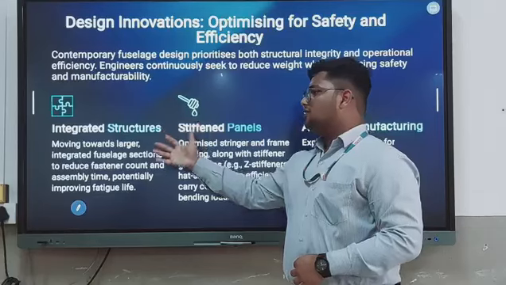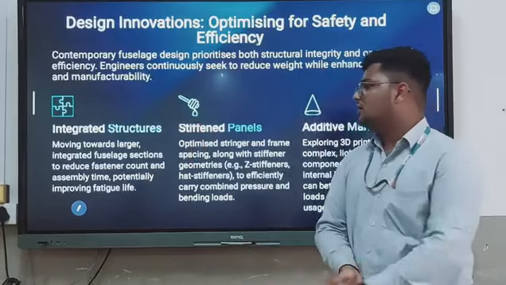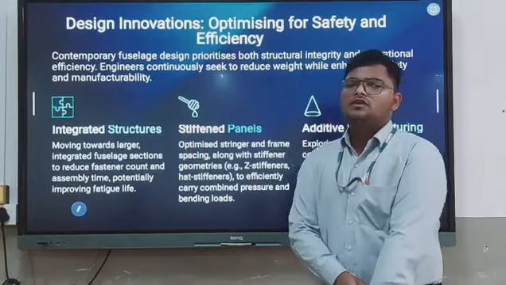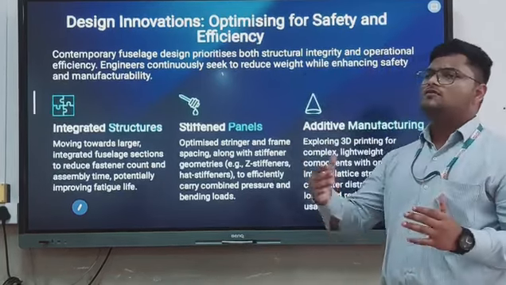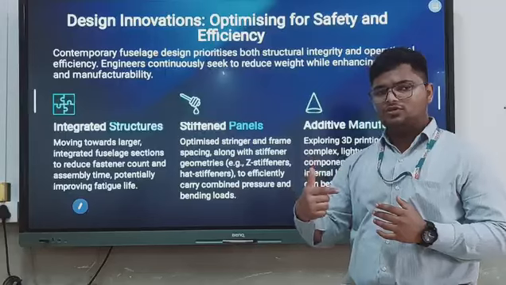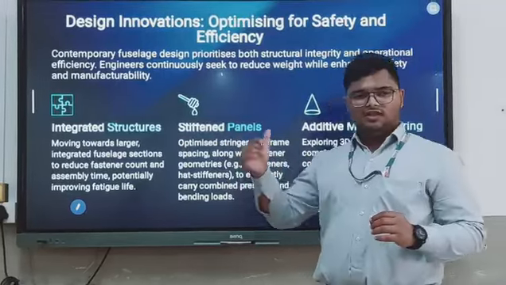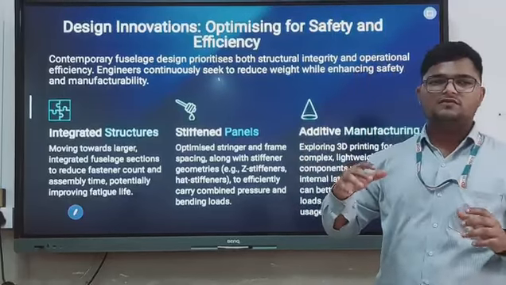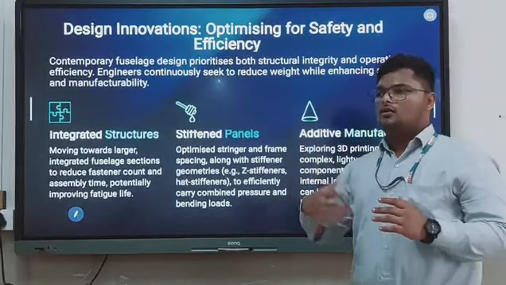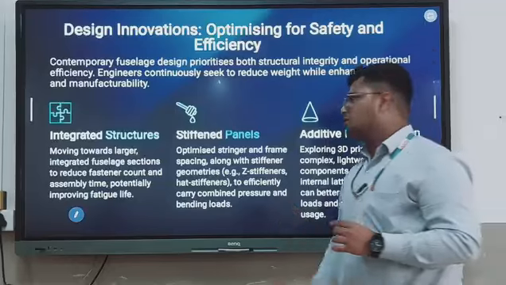And we have integrated structures, that is the fuselage sections. We can make larger sections of fuselage so that we can reduce the fasteners and the bolts. So the stress applies directly on the metal and not on the fasteners, which can ultimately increase the structural integrity.